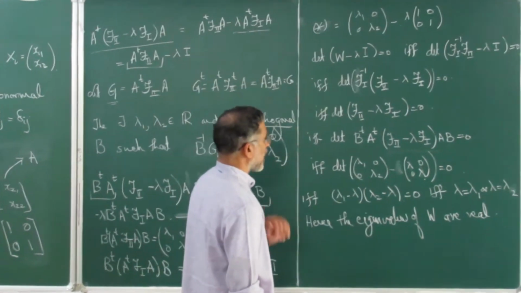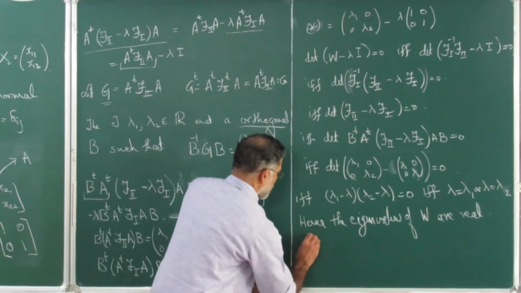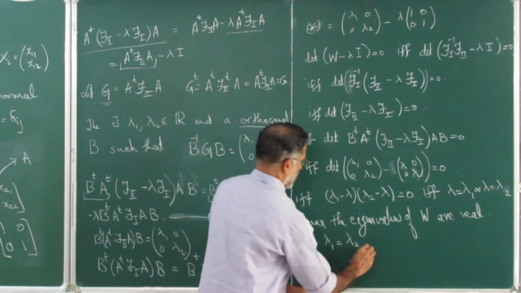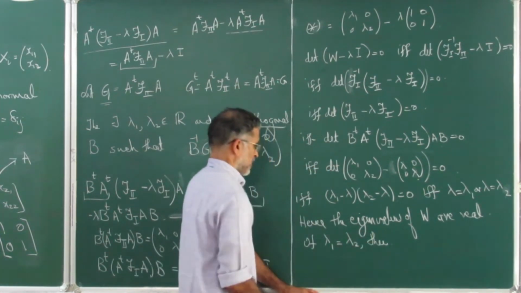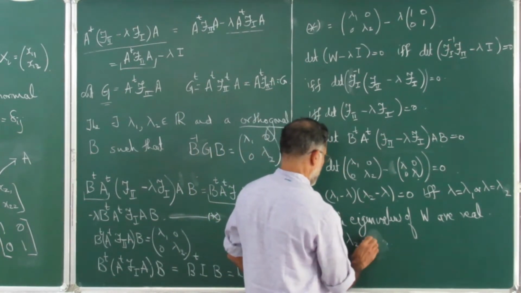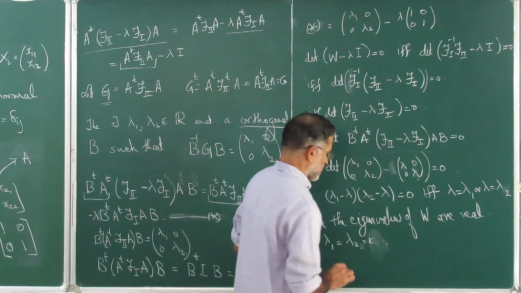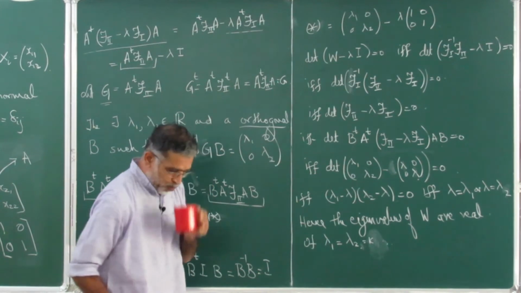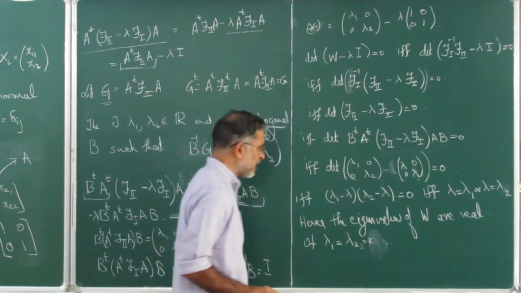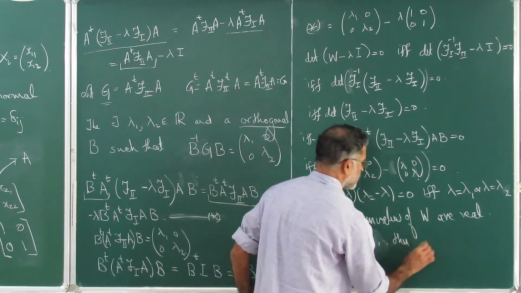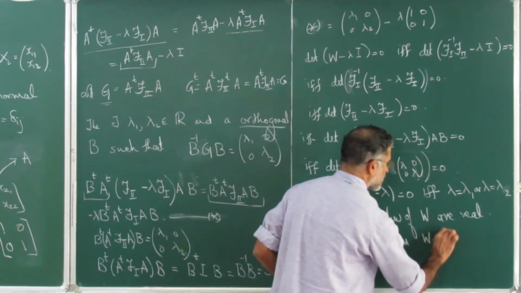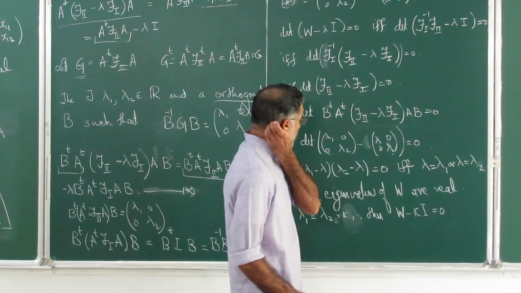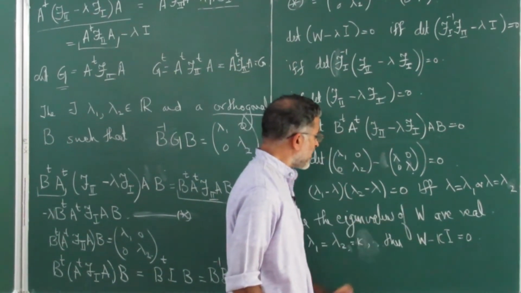Now we have to look at the eigenvectors. If lambda 1 equals lambda 2, then let us say, if you like, I will use what is given in the book, kappa. Then W minus kappa I is always 0, because this is a general linear algebra fact.